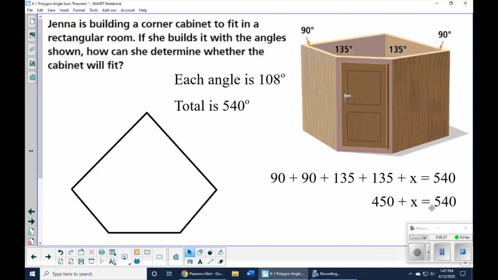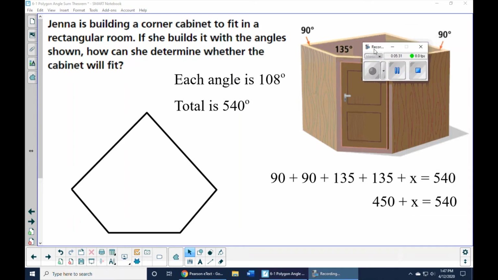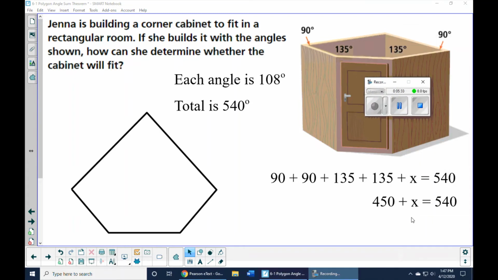I'm going to move this over. We just combined our like terms, right? So what would our last step be? Subtract the 450, and we end up with x equals 90. X equals 90 degrees is our final answer.